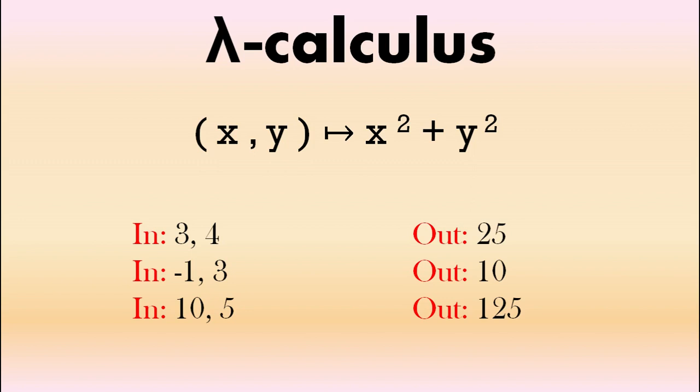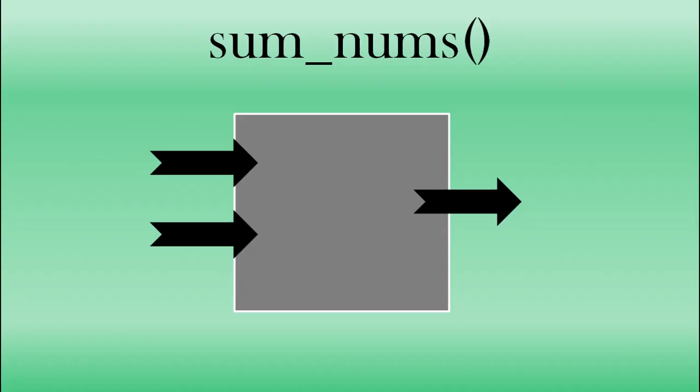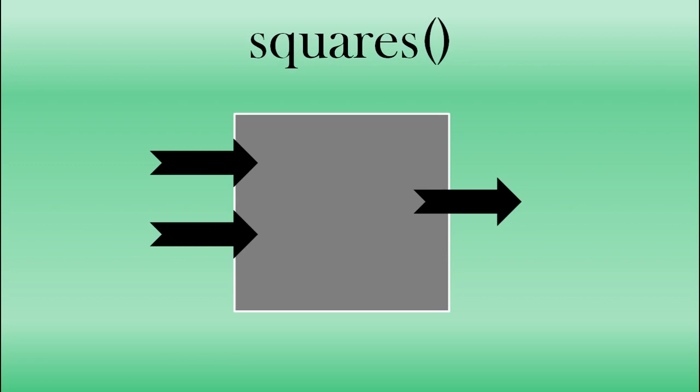So let's look at some examples. Here we've got a function called sum nums. So we have 5 and 9 as the input, and the answer, the output, is 14. Squares. We put in 5 and 9, it comes out with 25 and 81.